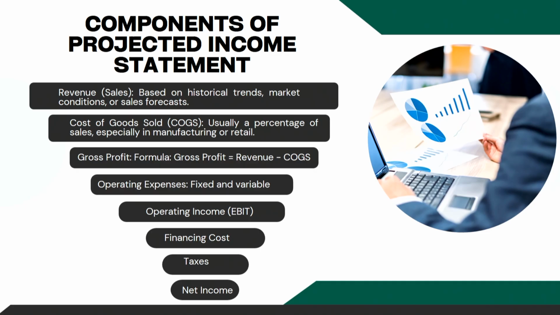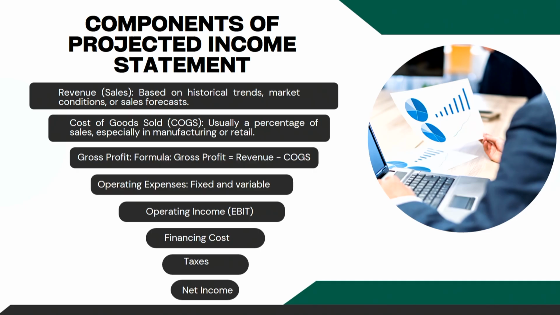So, for example, we can go for the percentage of sale method, trend analysis, time series modeling, statistical analysis, sensitivity and scenario analysis, and so on and so forth. There are many variants of methods available to predict all these items, and each method has its advantages as well as its impediments.